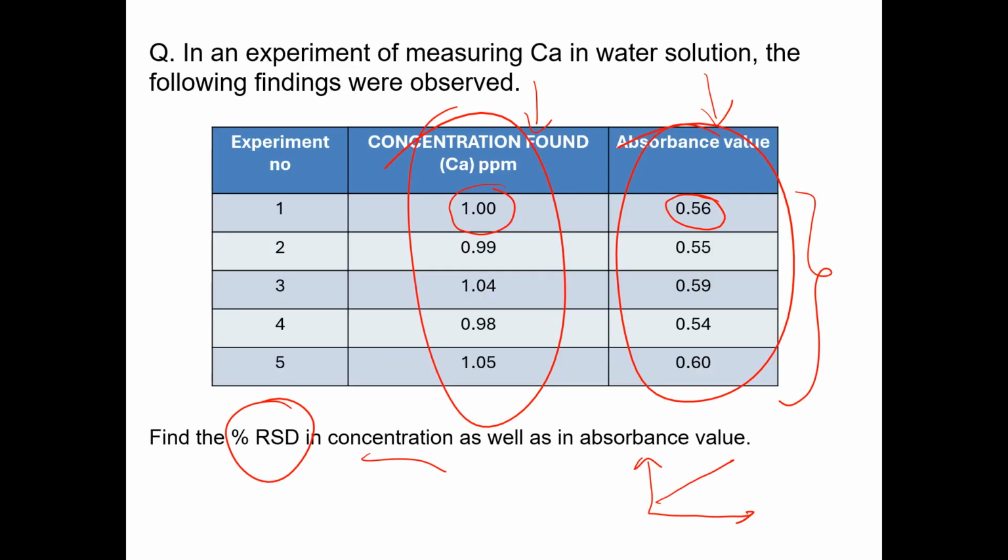If I categorize these values x1, x2, x3, x4, and x5, you can calculate the average value, that will be x1 plus x2 plus x3 plus x4 plus x5. Since the number of experiments is 5, divide by 5. From here you will get the value of the average.